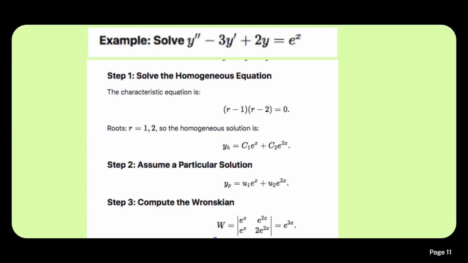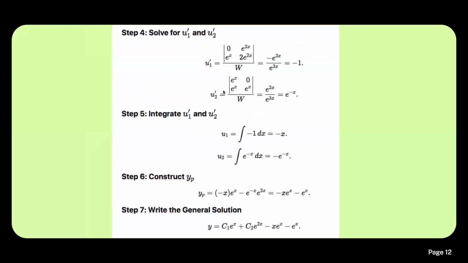So w is the determinant of y1, y2, y1 prime, y2 prime, which equals e^(3x). Then this is w1, where we put 0 and f(x) into the first column. For w2, we put 0 and x into the second column.